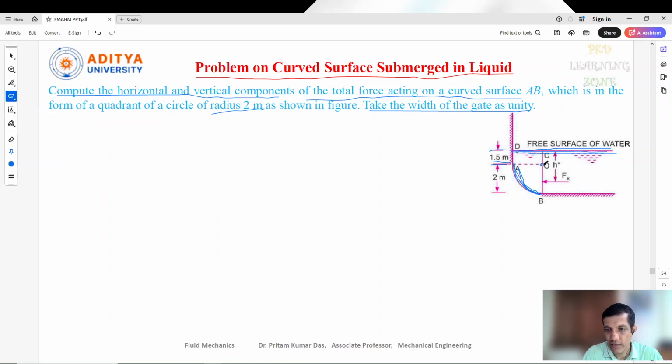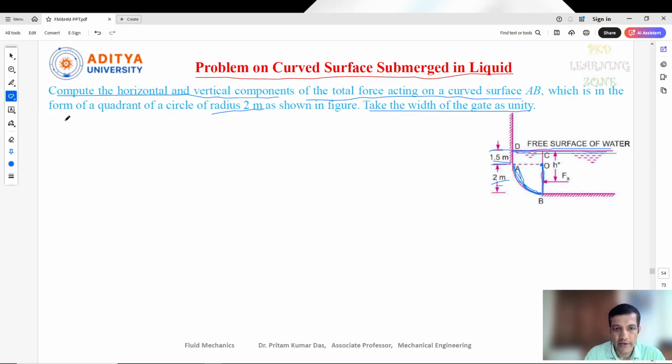That means from here to this point is a height of 2 meter, and from the free surface to the center point of this curved surface is a height of 1.5 meter. So let's write down what data is given for this question.